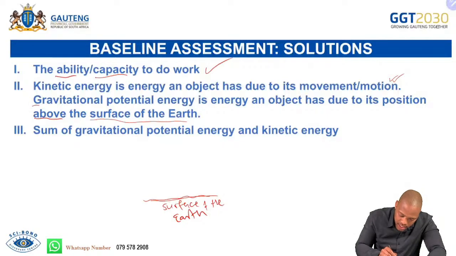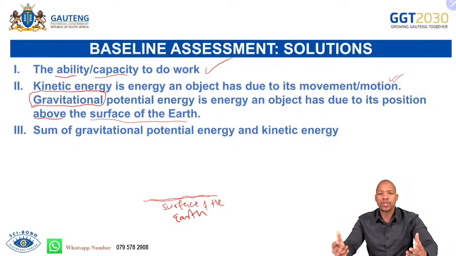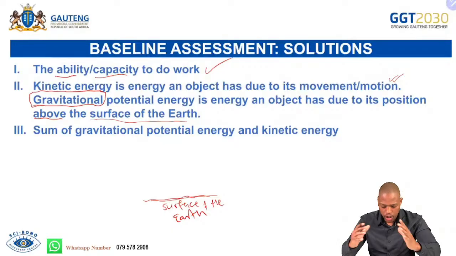Again, I emphasize the word gravitational. So let's do away with calling this potential energy. I know that sometimes we take it for granted, grade 12, and then we just start calling it potential. Let's do away with that mentality. Let's call it for what it is. It's gravitational potential energy, all in full.